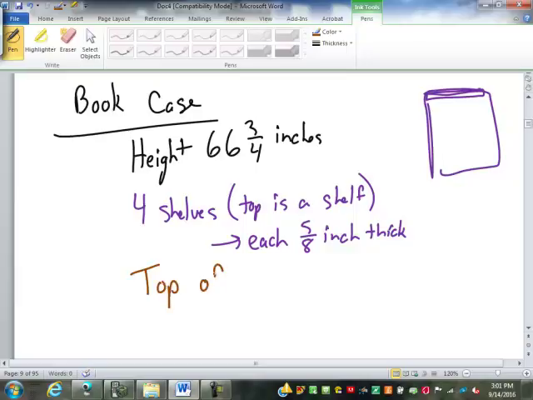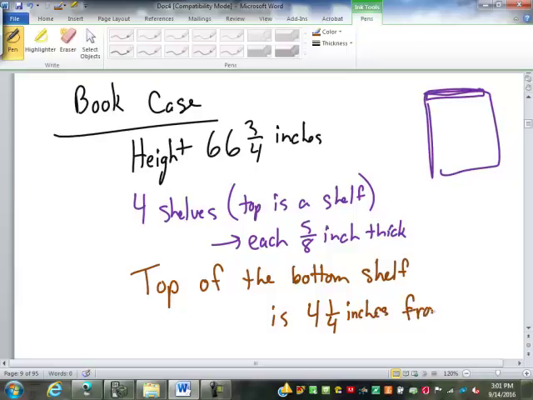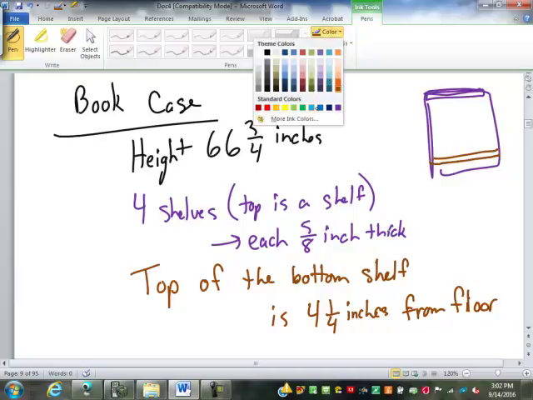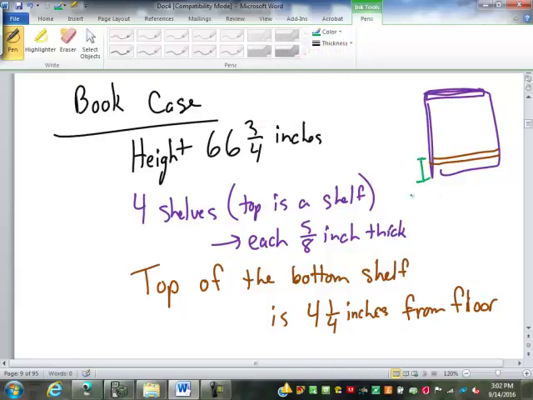The top of the bottom shelf is 4 1/4 inches from the ground, from the floor. What does that mean? Well, that means that bottom shelf is sitting down here. The top of it is 4 1/4 inches from the floor. The shelves are equally spaced.